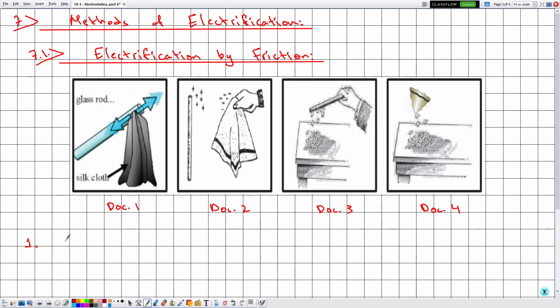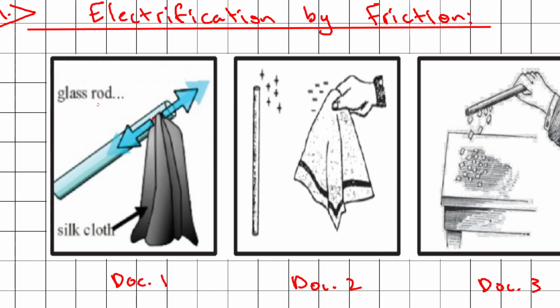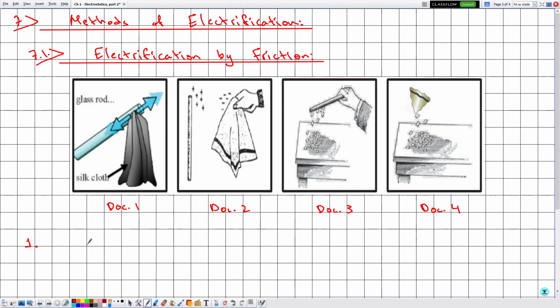This process of rubbing is called friction. Not precisely, but here friction occurs between the glass rod and the silk cloth. So let me repeat: here we are rubbing both objects together.